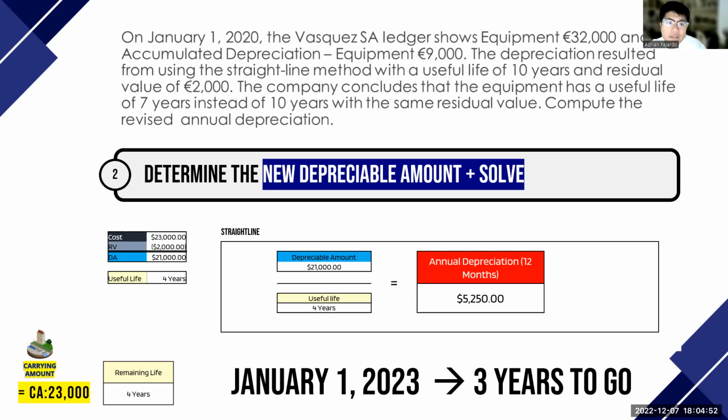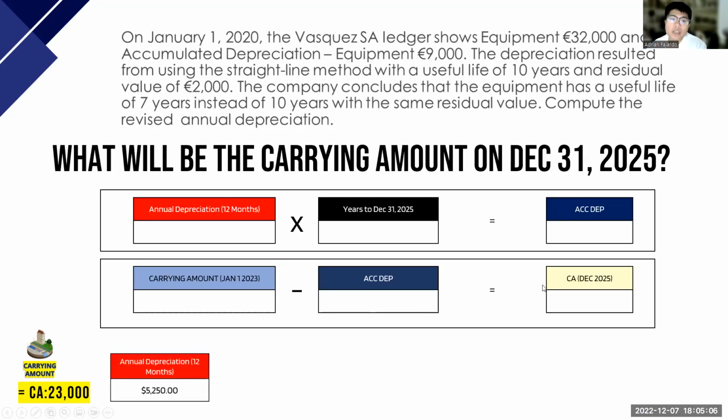So if we're asking for ano yung carrying amount at December 31, 2025, may 3 years to go pa. Kasi that's 2023, 2024, and 2025. So 3 years. So now that we know that the annual depreciation is 5,250, the shortcut way of solving for it is 5,250 times how many years to December 31, 2025? 3 years. 2023, 2024, 2025.